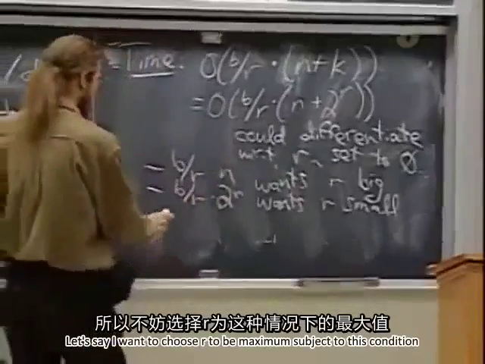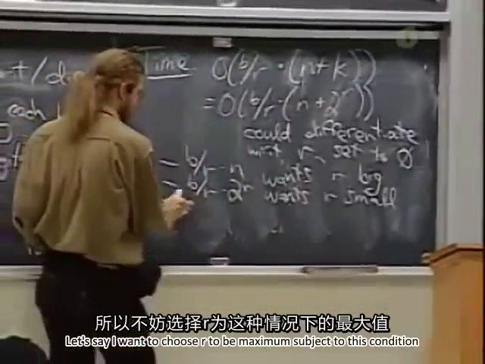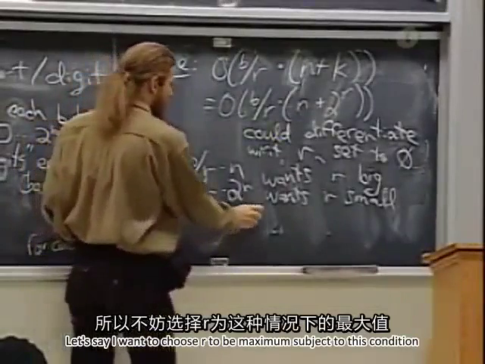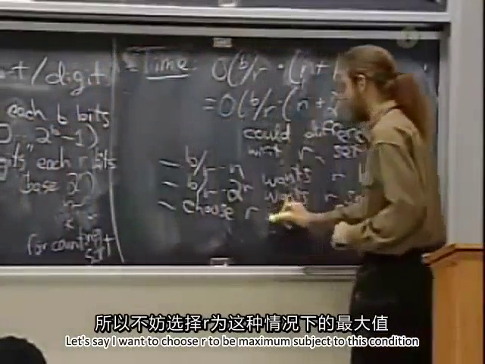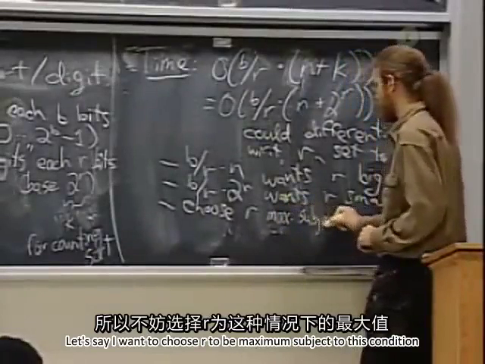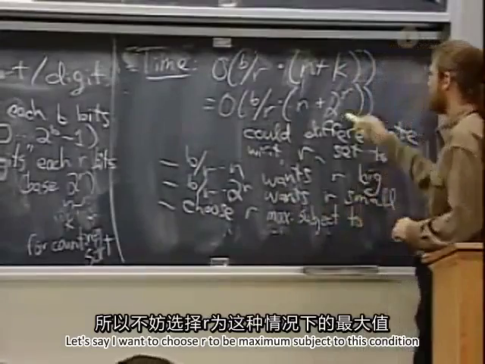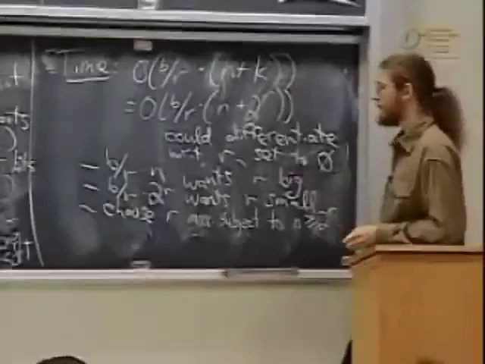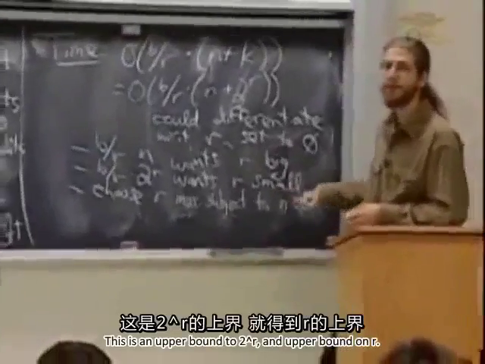So let's say I want to choose r to be maximum subject to this condition that n is greater than or equal to 2 to the r. So this is an upper bound on 2 to the r, an upper bound on r.